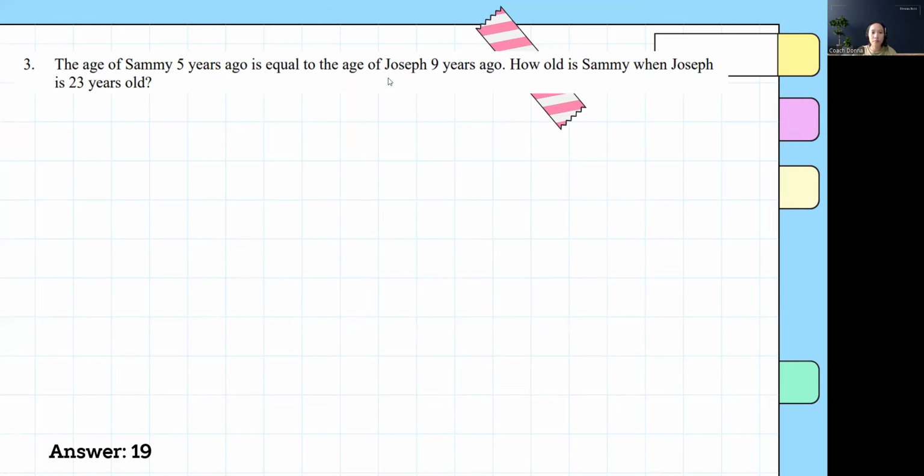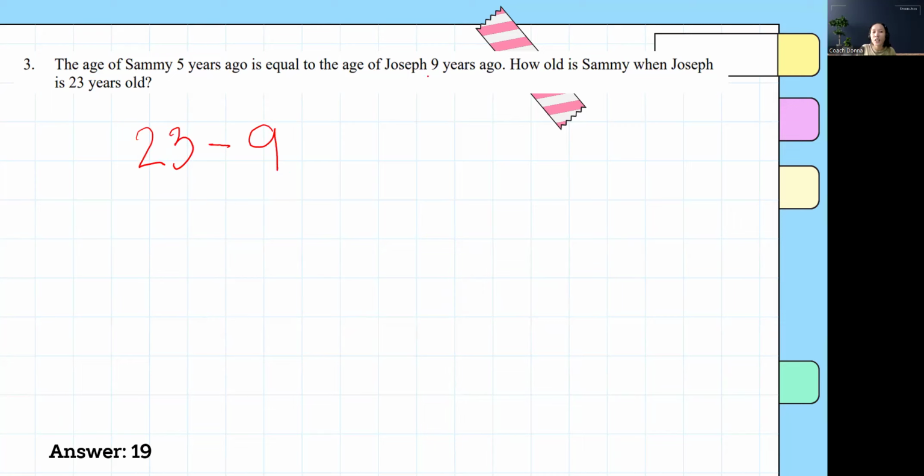For number 3, we have the age of Sammy 5 years ago is equal to the age of Joseph 9 years ago. How old is Sammy when Joseph is 23 years old? All right. So it says Joseph is 23 years old. So let's put 23. But 9 years ago means we need to subtract 9 years from Joseph's age.